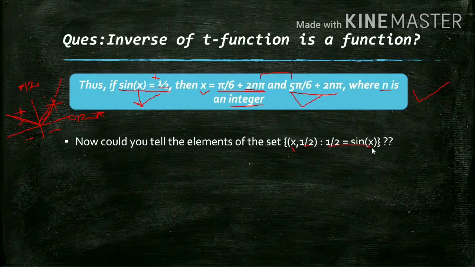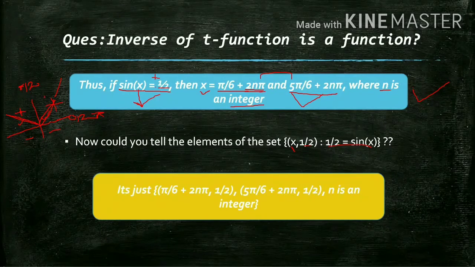Can you write the elements? It would be just this. You have to write the value of x only. Just copy the value of x. So it would be either pi by 6 plus 2n pi comma half or 5 pi by 6 plus 2n pi comma half, where n is an integer. Simple elements.